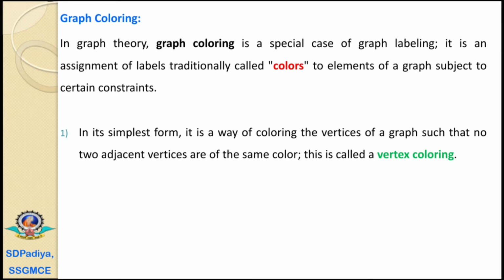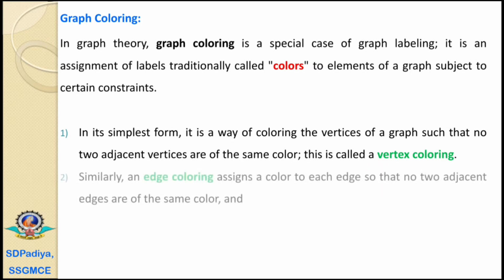That we'll see. In its simplest form, it is the way of coloring the vertices of a graph such that no two adjacent vertices are of the same color. Similarly, an edge coloring assigns a color to each edge so that no two adjacent edges are of the same color.